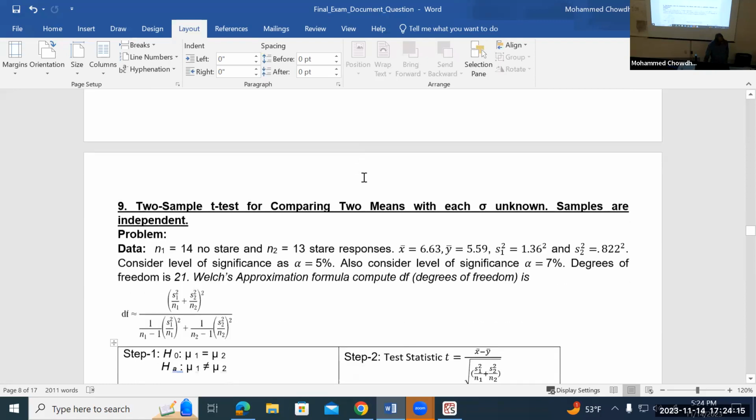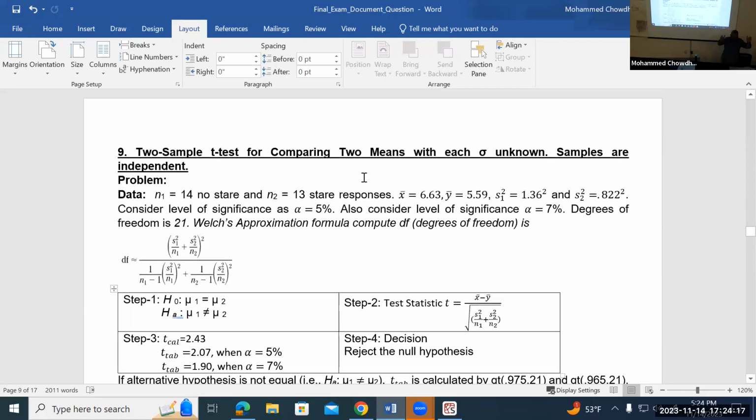So as I said, this is a two sample test of hypothesis problem. What we need to do in here, one group is giving a response by staring at a certain thing, that means by continuously looking, and the other people without staring.